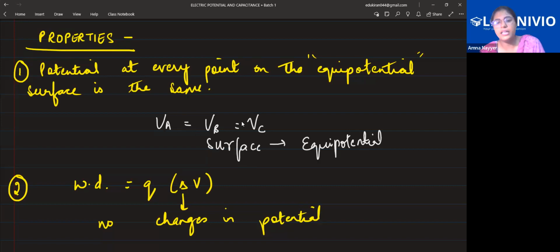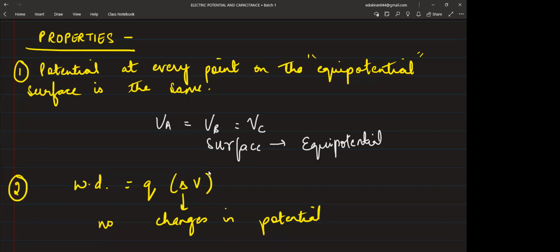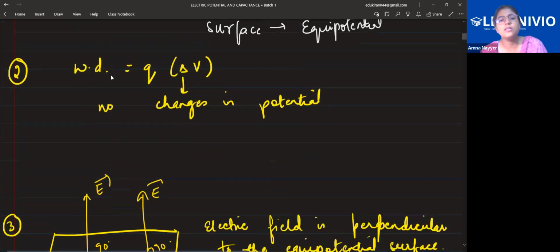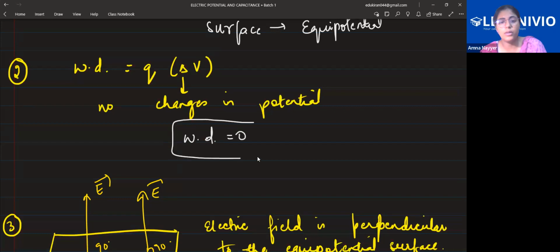If potential is same at every point, then what will be the change? It will be 0, because you are subtracting the same values, you will straight away get 0. So work done in such a case is 0. For an equipotential surface, remember this: work done is always 0.